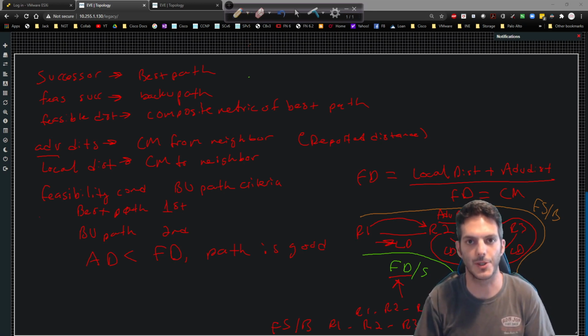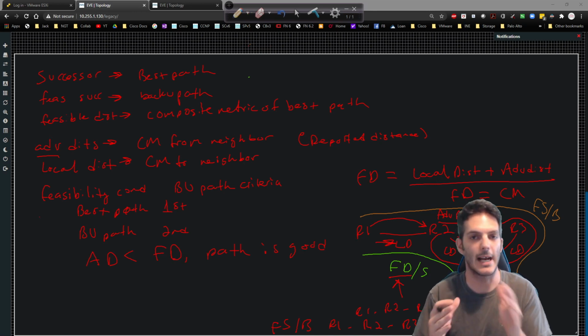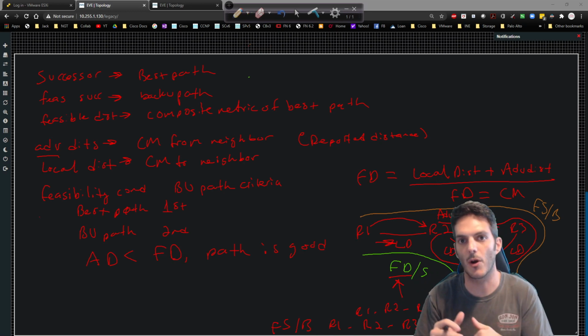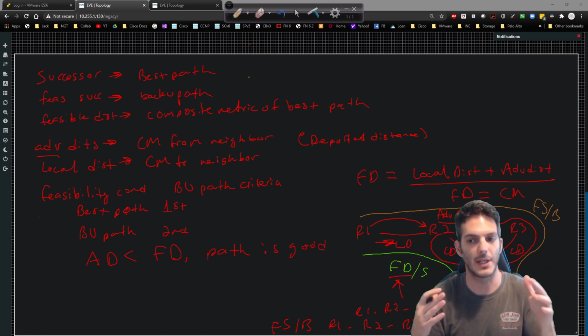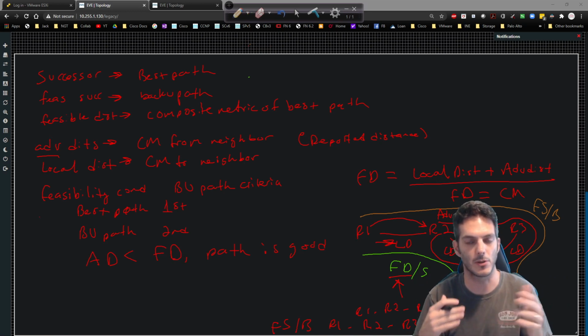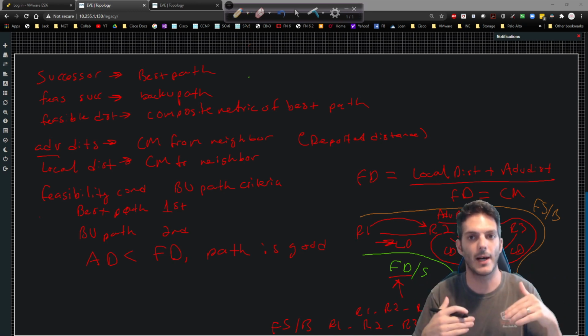It will be in this particular case because the advertised distance to go via R3 to R4 versus R2 to R4 is going to be a lower value. So the advertised distance to reach R5 is going to be a lower value.